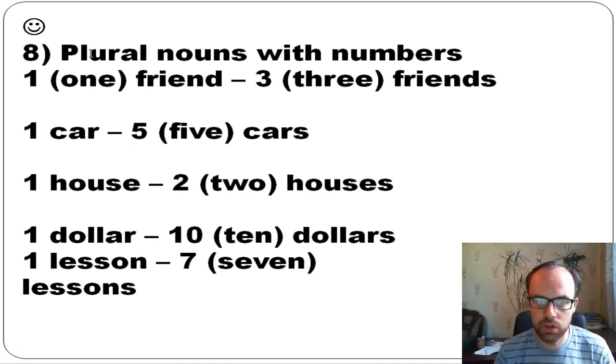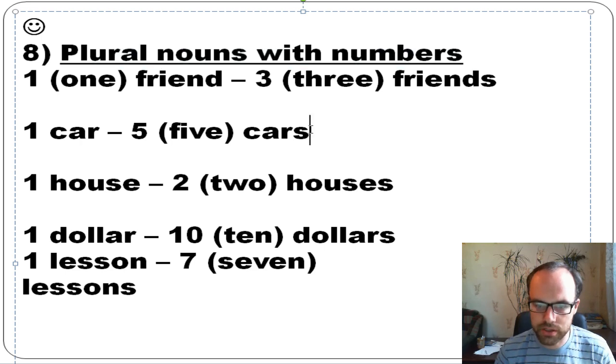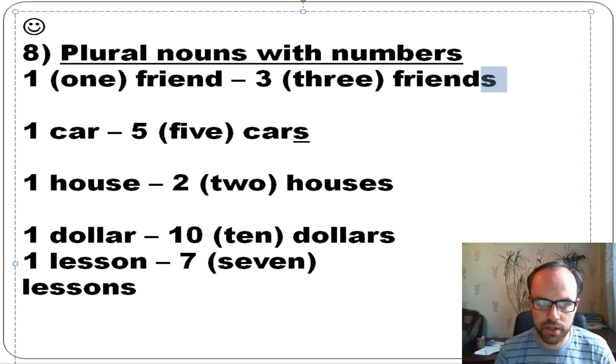So you see plural nouns with numbers. 1 friend, but 3 friends. 1 car, but 5 cars. 1 house, 2 houses. $1, $10. 1 lesson, 7 lessons.